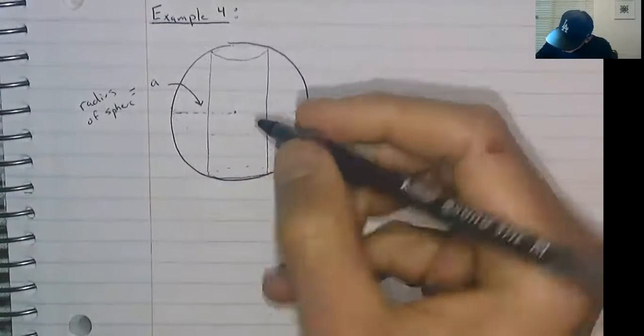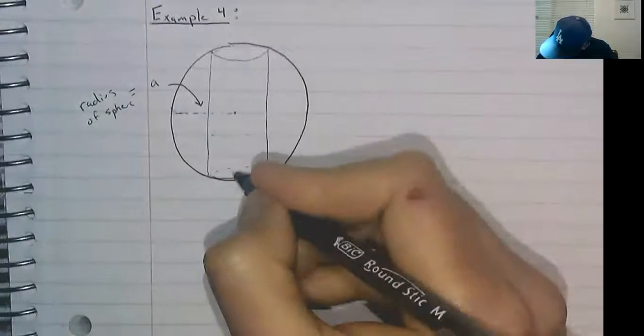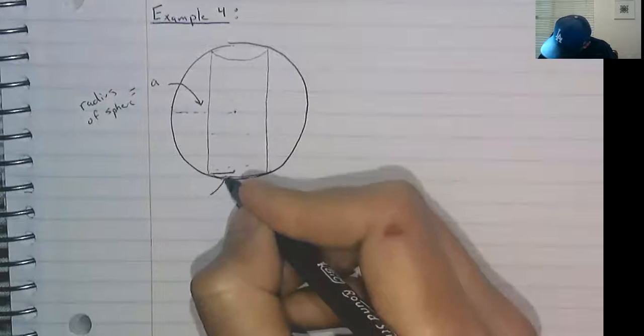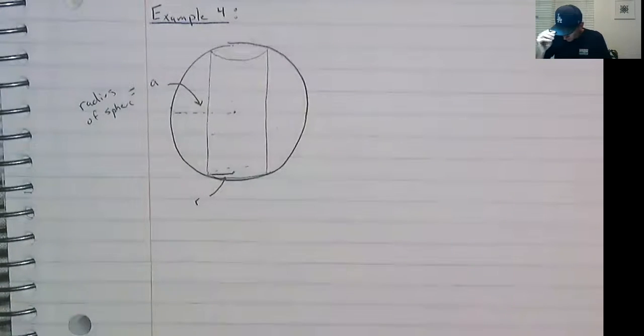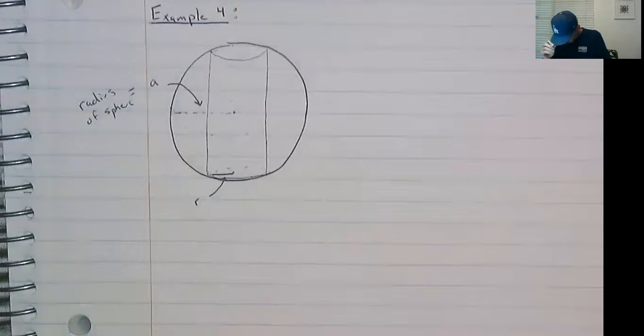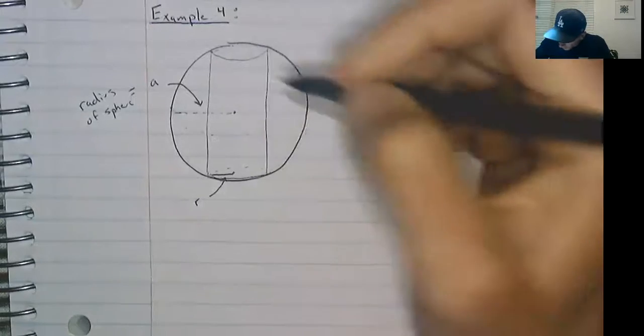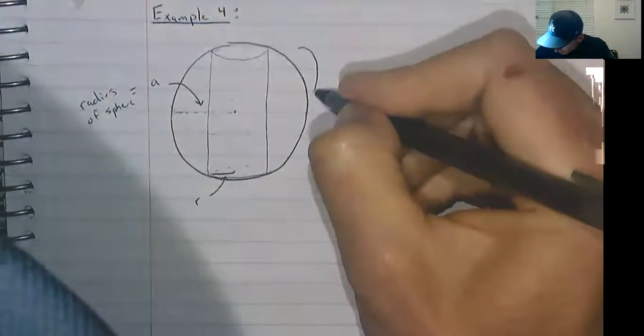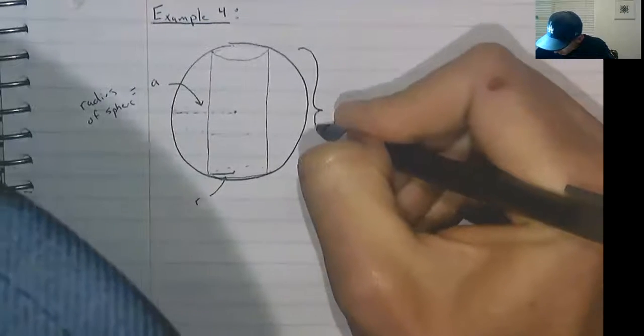Then we've also got the radius of our cylinder, called R. And then we've got the height of our cylinder, which is going to be H.